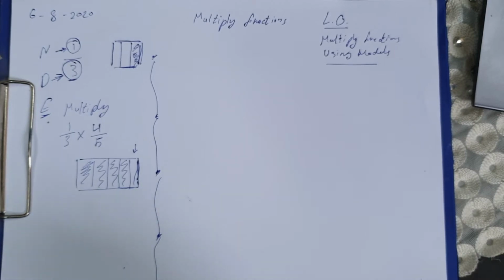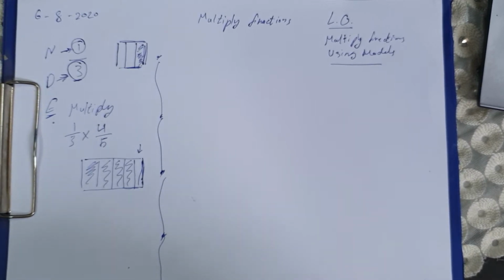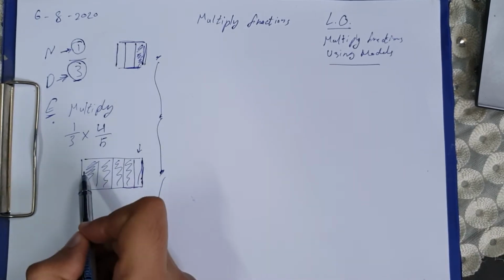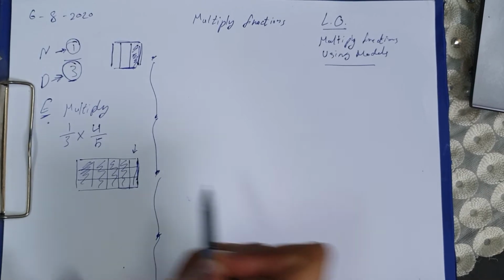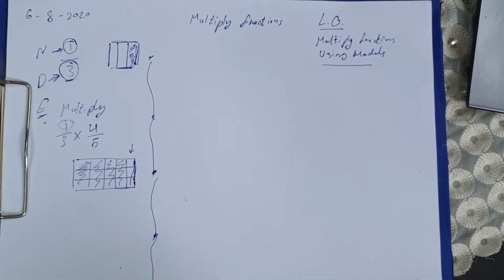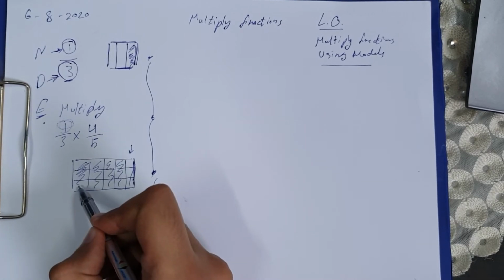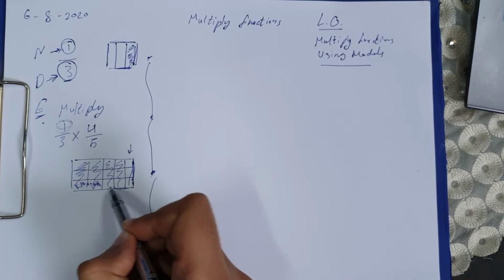Now I will move on to the second fraction, which is 1/3. Then I will divide it into 3 equal rows, like that, 1, 2, and 3. After that I have just one in the numerator here, so I will shade just 1 out of 3.